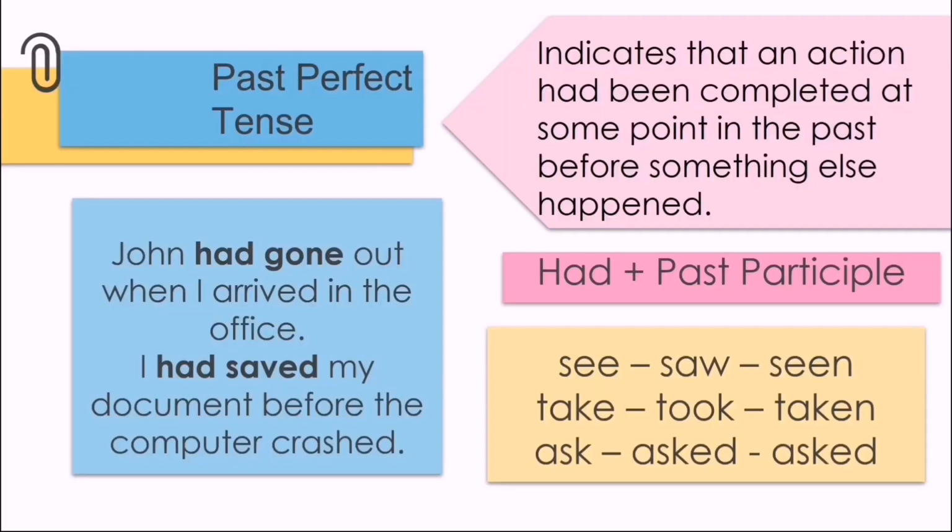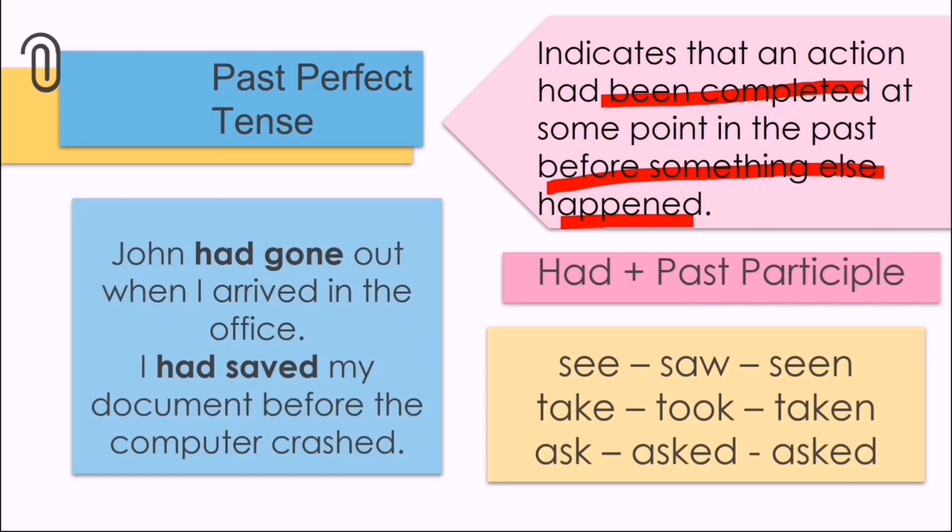In the past perfect tense, it indicates that an action had been completed at some point in the past before something else happened. So you are going to use past perfect tense para mahibaw-an nimo asa nga event nag-una ug ang ikaduha, okay?